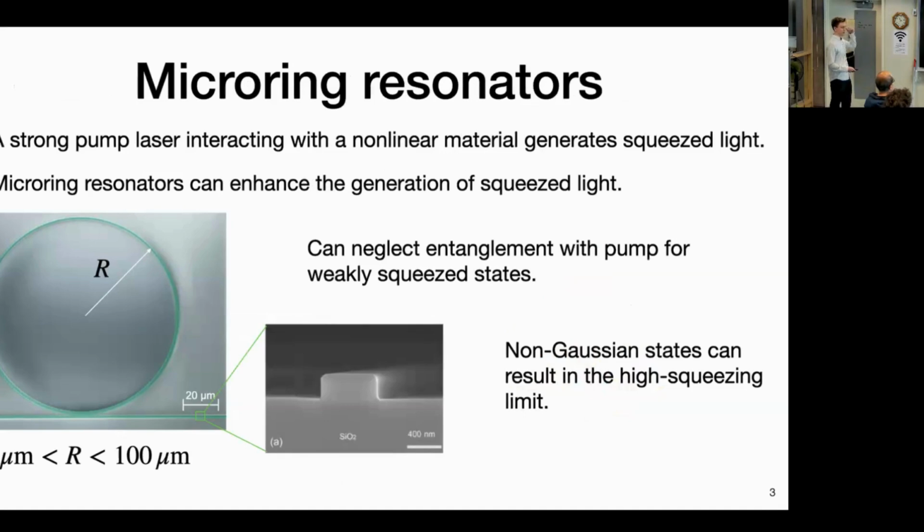But the more efficient that this process becomes, there will be entanglement between the laser and the generated squeeze light, and that'll be encoded in this non-Gaussian state. And so I'd like to share with you some research that we've done on the theoretical treatment of generating these non-Gaussian states using a microring resonator. And then future work is to figure out if this kind of non-Gaussian state is actually any use to quantum computing.